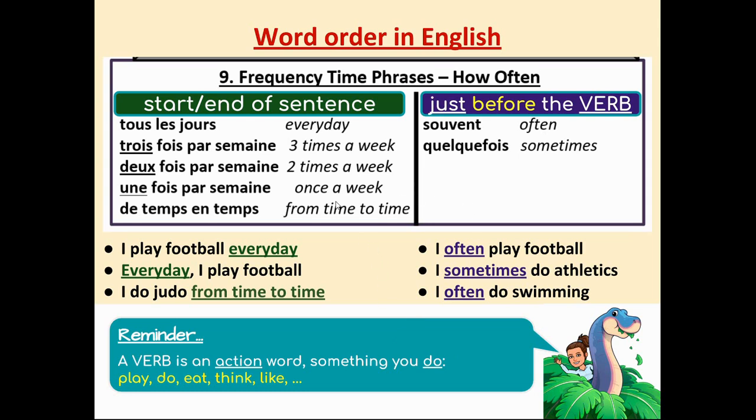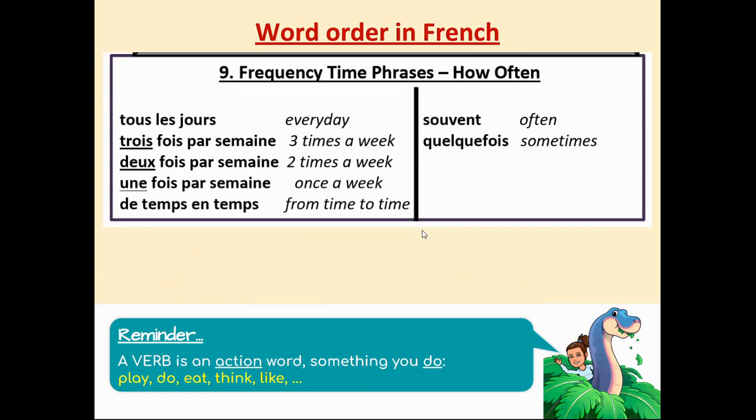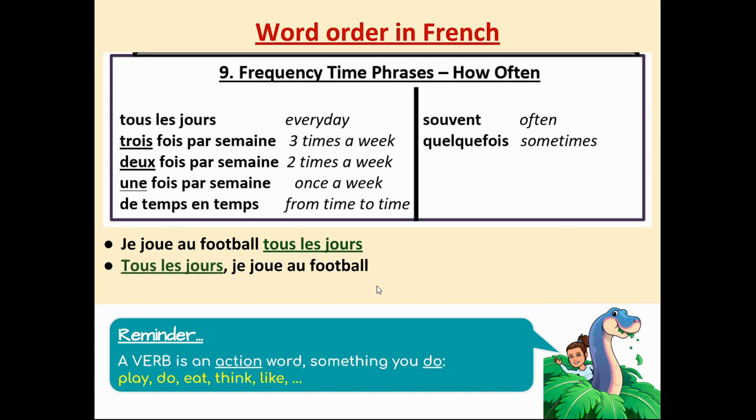We know there are going to be two different rules because they're separated into two sides, but let's see if it's the same rules. Firstly, we're going to have a look at examples for this side. We've got je joue au football tous les jours. Tous les jours, je joue au football. Or je joue au football de temps en temps. Would you say that it's the same rule as in English? It is.